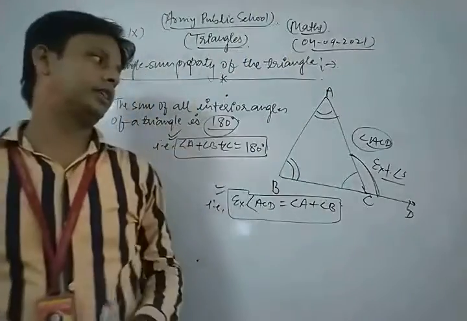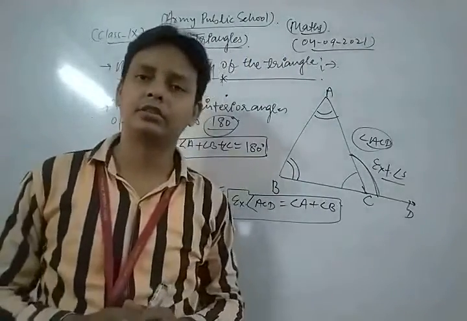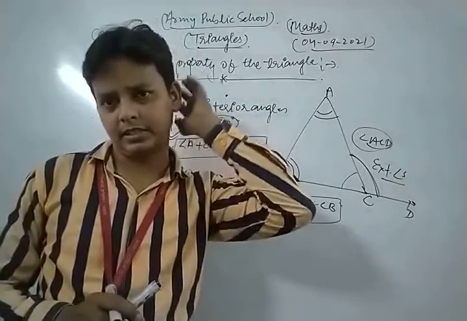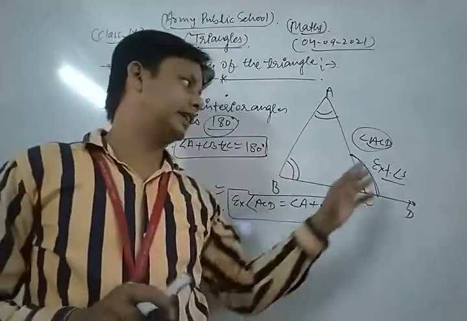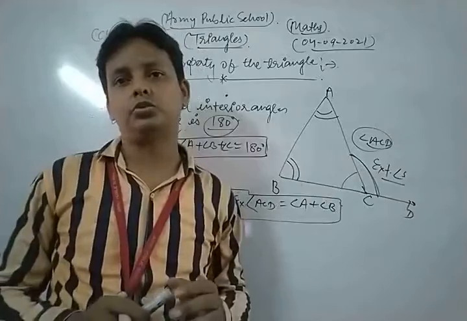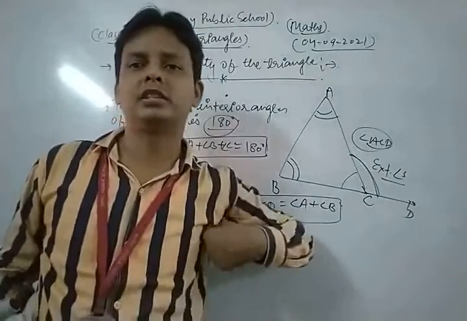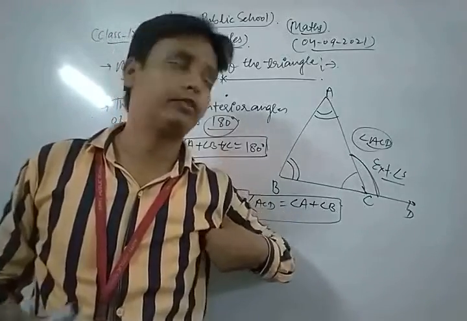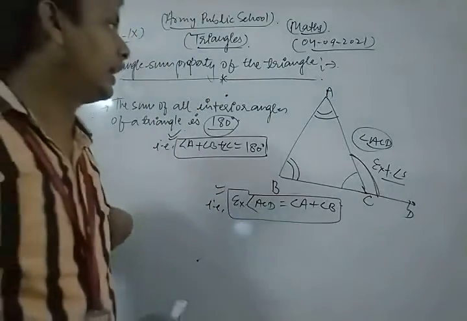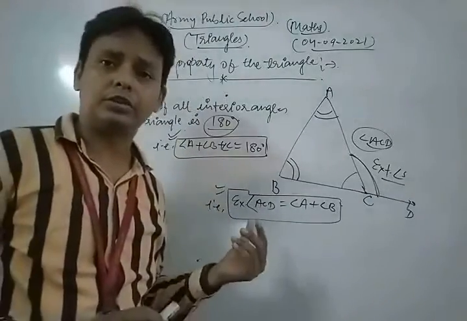It means if one side of a triangle is produced to some distance, then that exterior angle is always equal to the sum of its two opposite interior angles. So this is a very important concept and result related to the triangle.